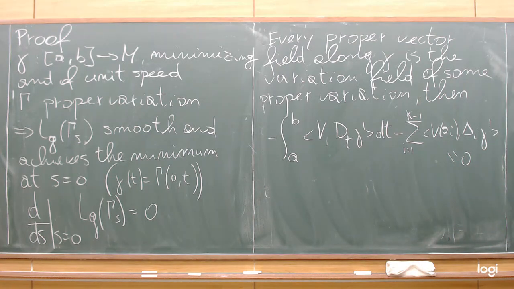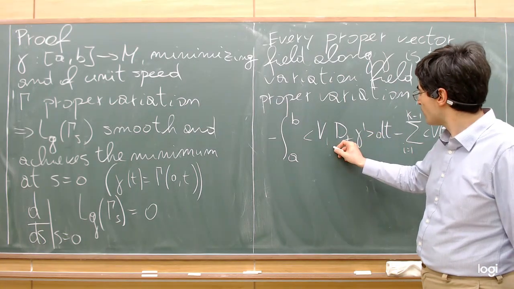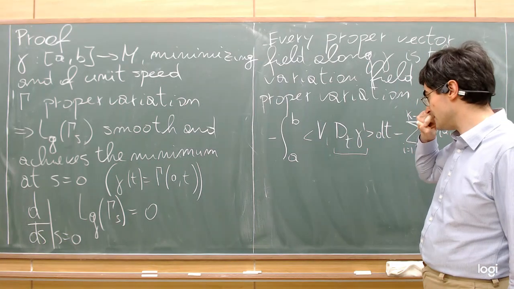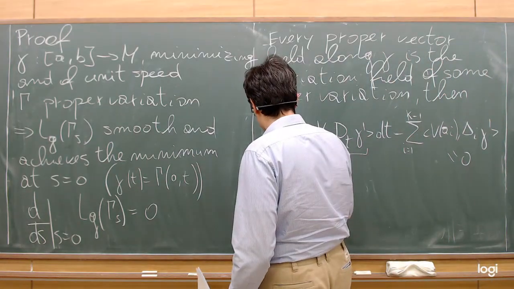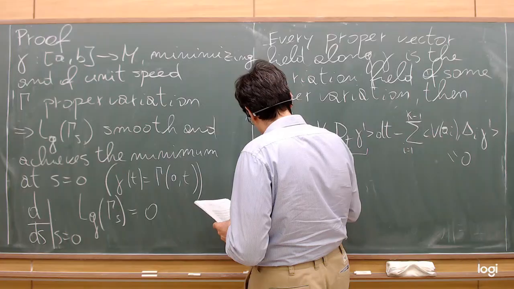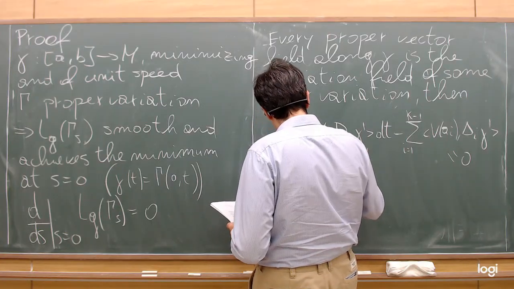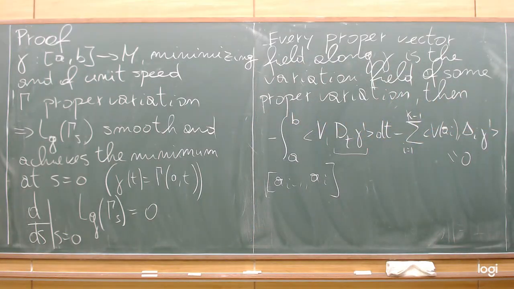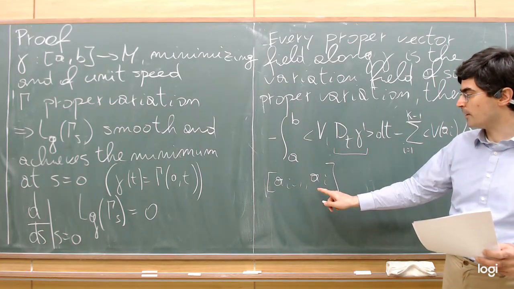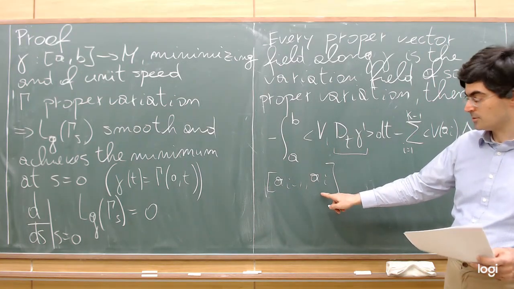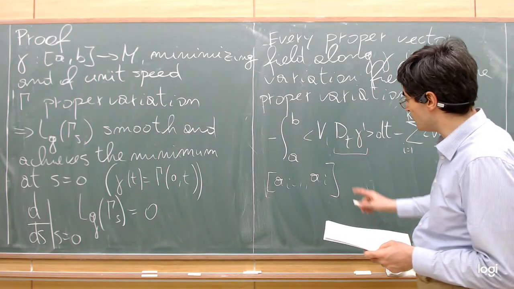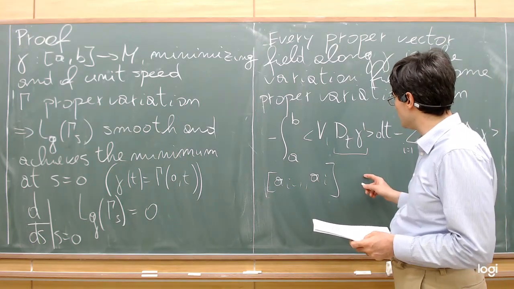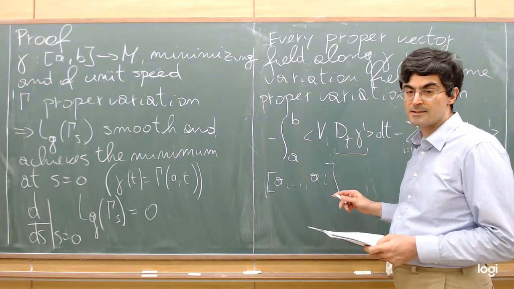Okay, let's prove that the covariant derivative along gamma of gamma prime is 0 on an interval of the form a_{i-1}, a_i. That is the interval where gamma is regular. If we do this, then we can conclude that gamma is a broken geodesic.